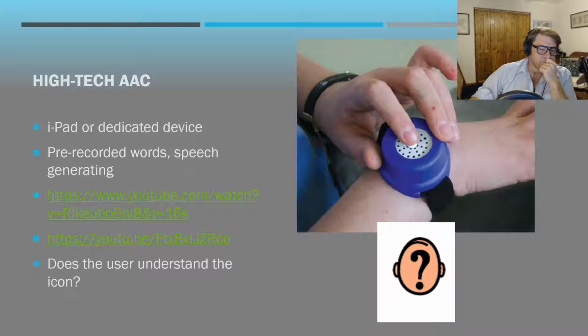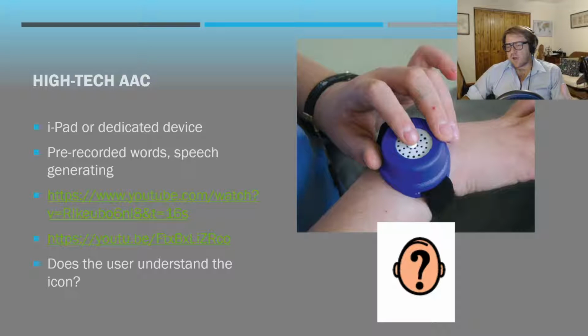Anyway, one other thing to think about with high-tech AAC is you have a lot of icons. Well, this is actually something to consider with the communication boards as well. But do the icons make sense? If there's a little bit of a language barrier in receptive language, the icons have to make sense.